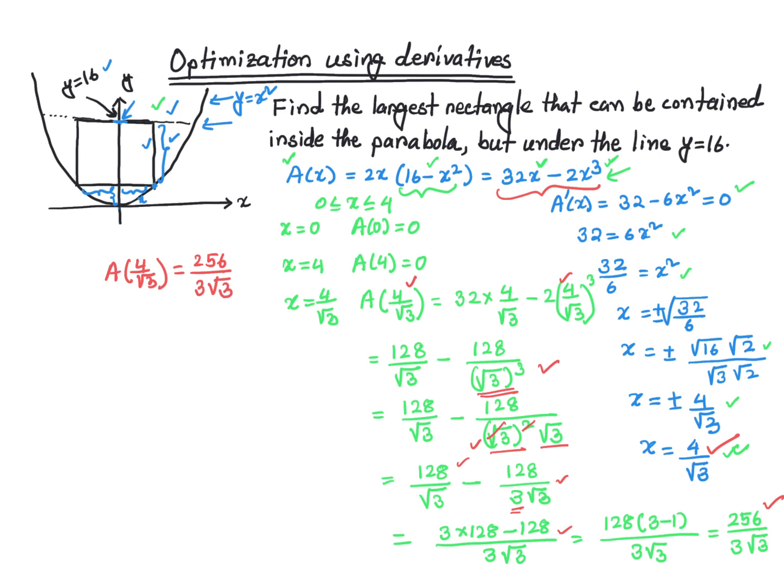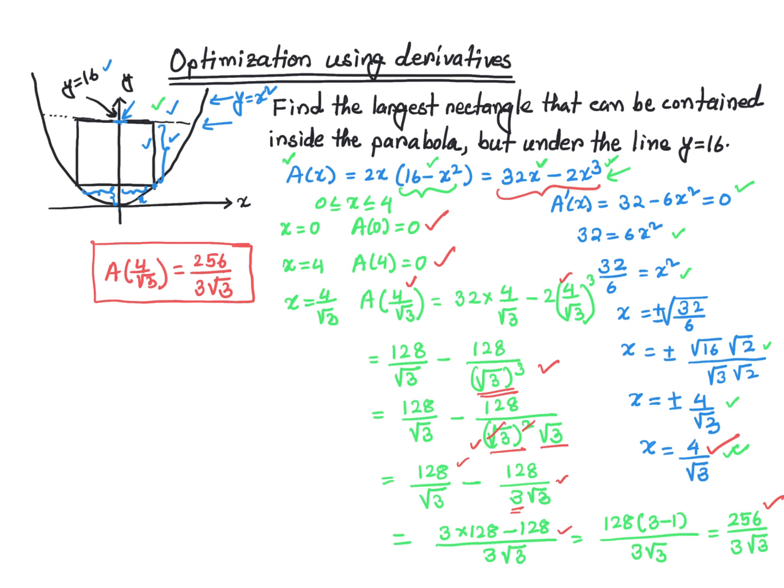Now look at all the different values we got at the boundaries and critical points. We have only one critical point, remember. At the boundary, the area is 0 for both boundaries, when x equals 0 and x equals 4. But at the critical point, the area is 256 divided by 3 times square root of 3.